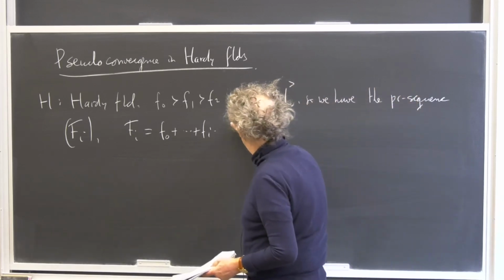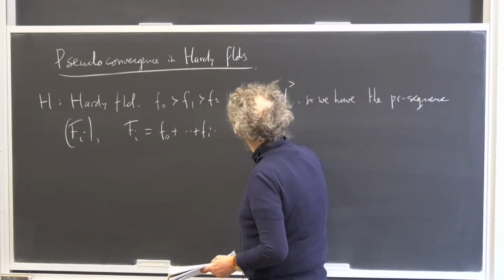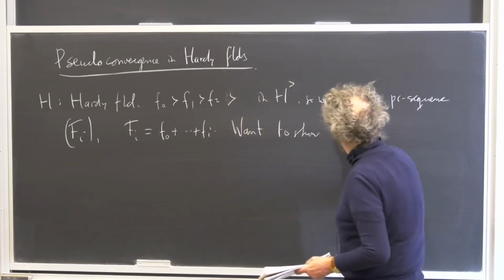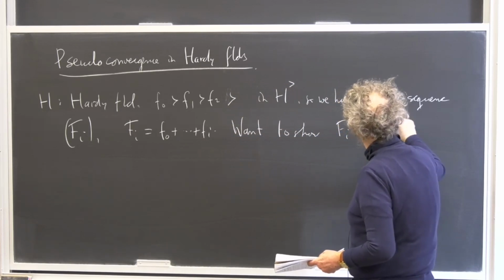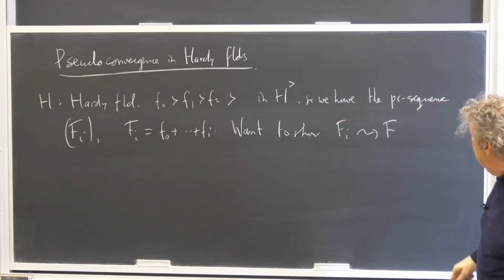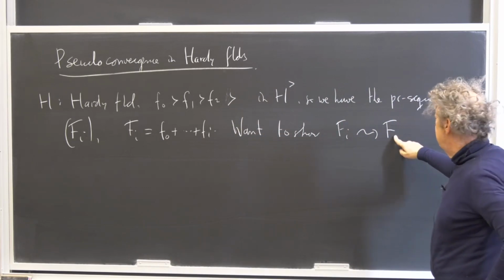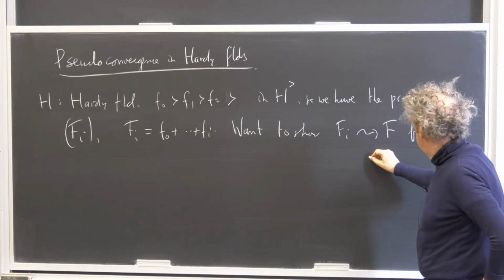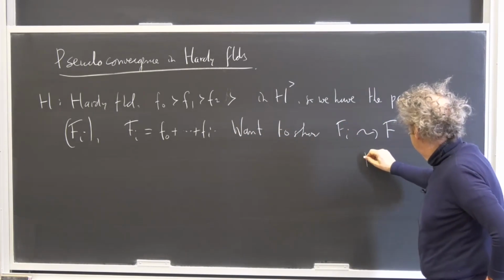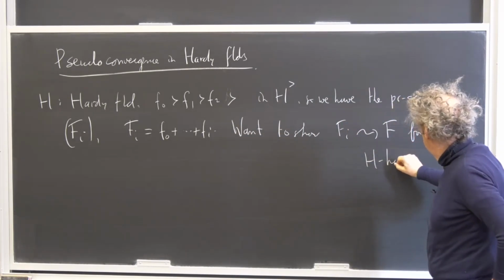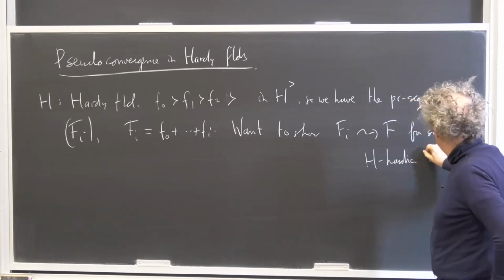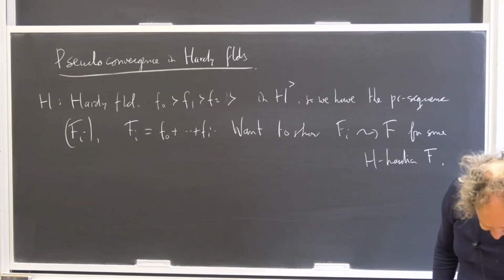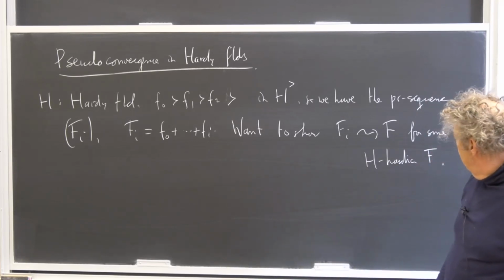We want to show that F_i pseudo converges to some F in a Hardy field extension of H, for some H-Hardian F. In other words, a germ in a Hardy field extension of H.